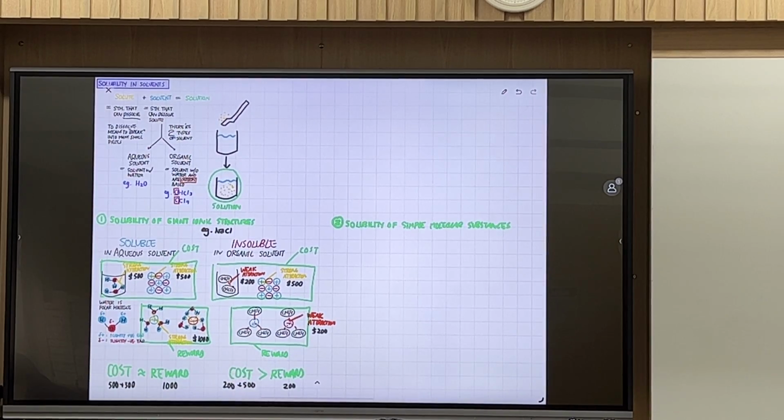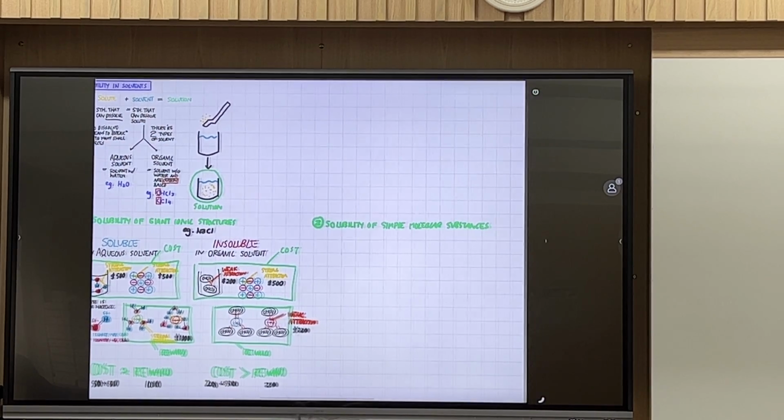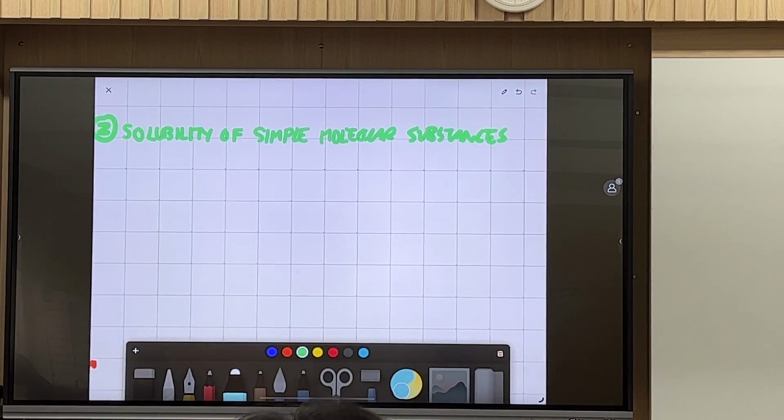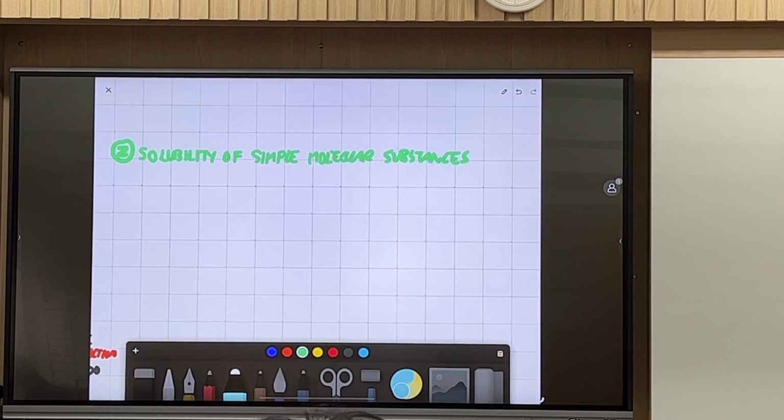We have discussed some examples of simple molecular substances like carbon dioxide, methane. Yeah, so these are simple molecular substances. So write down maybe carbon dioxide, HCl, so all these are simple molecular substances, okay, or maybe CH4.